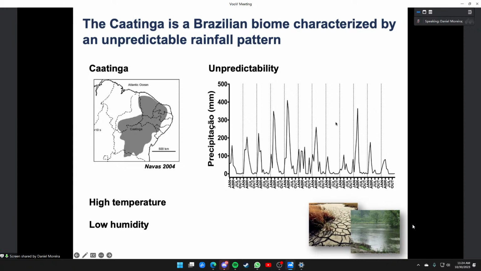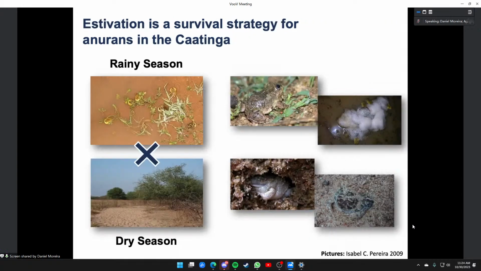Animals living in this region must survive this kind of unpredictability, and there are some regions of the Caatinga where animals stay for 3 years without a significant rainfall. So what some of the frogs in this region do is enter estivation.